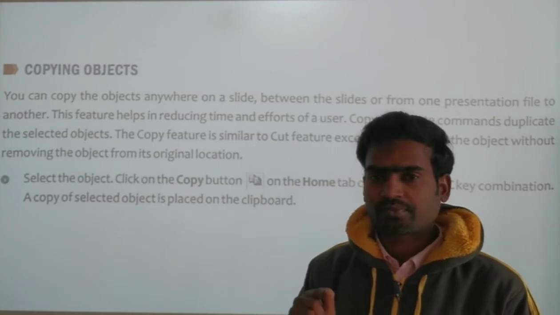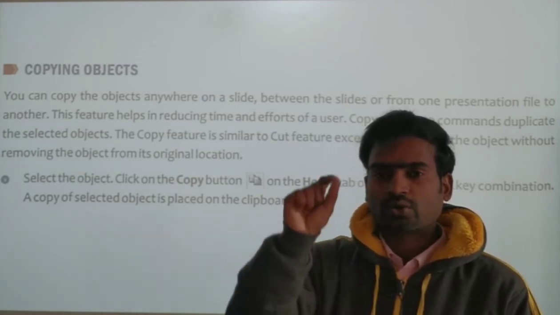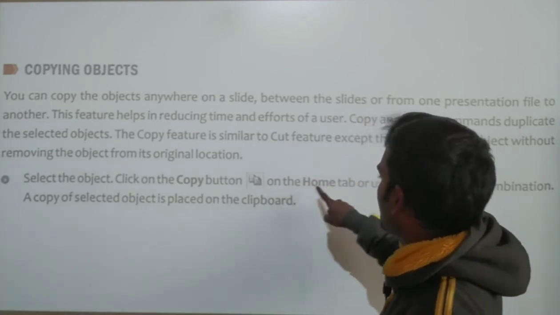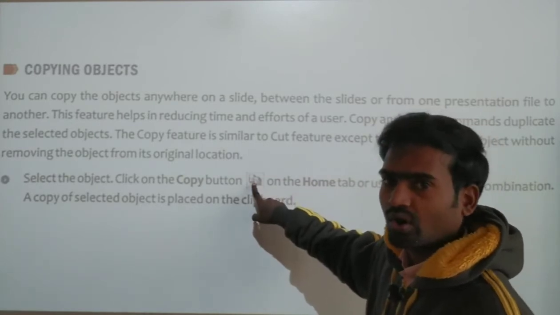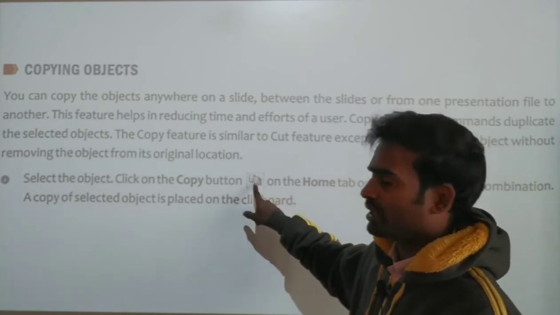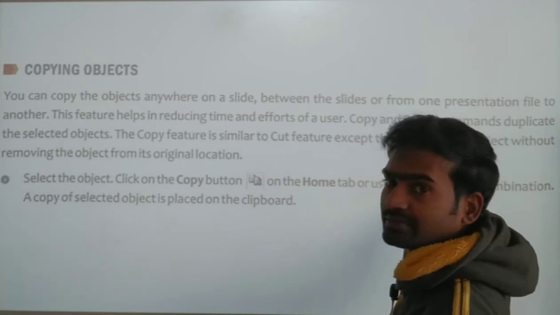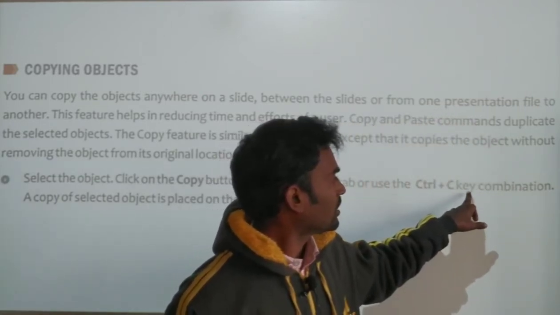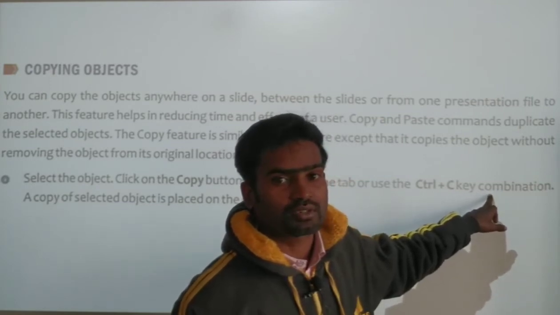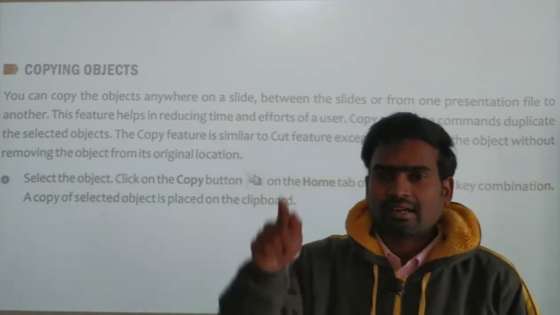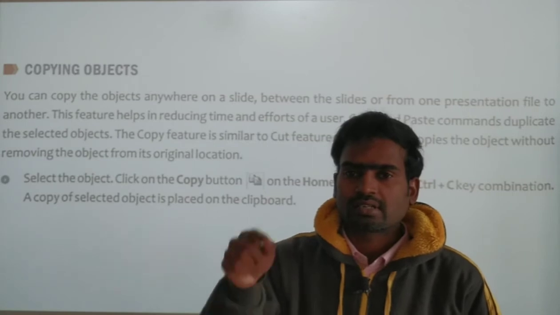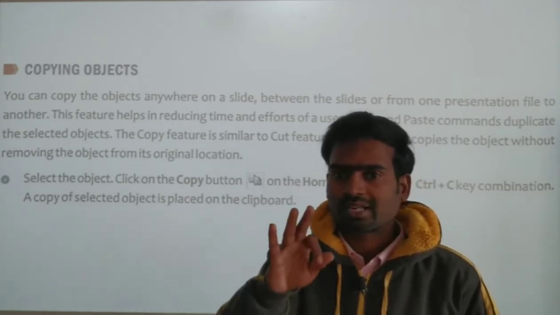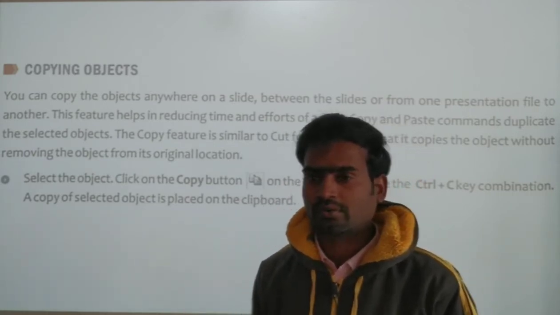First one is select the content, go to the home tab and click the copy icon. Or on the computer keyboard, you can use the Ctrl+C key combination, or right click on the selection, you can see the copy option. So there are three ways to do that. I'll show you how.